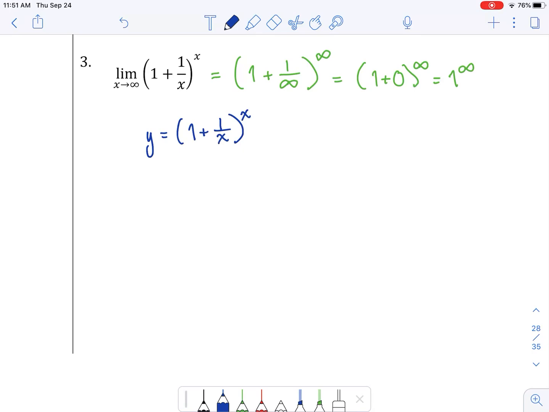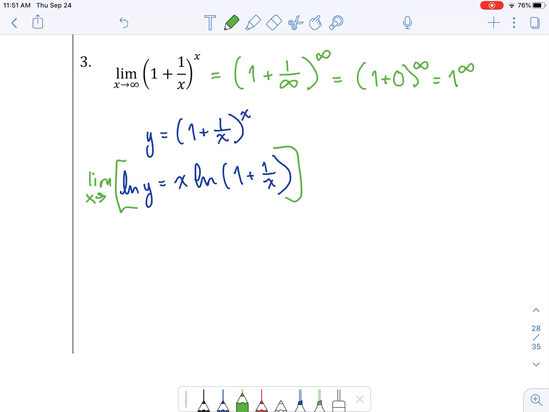And then what we end up doing is solving like we normally would, where I'm going to take the natural log of both sides and then bring the exponent down out front. So x times the natural log of 1 plus 1 over x. Now, we're still interested in the limit here, so I'm going to take the limit as x approaches infinity.